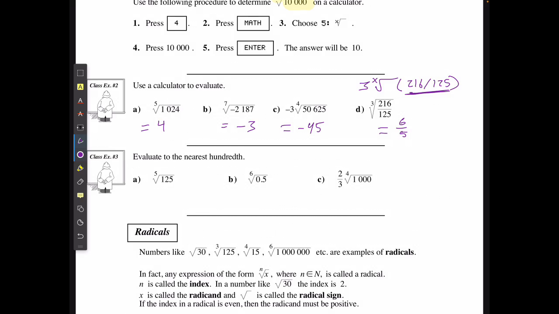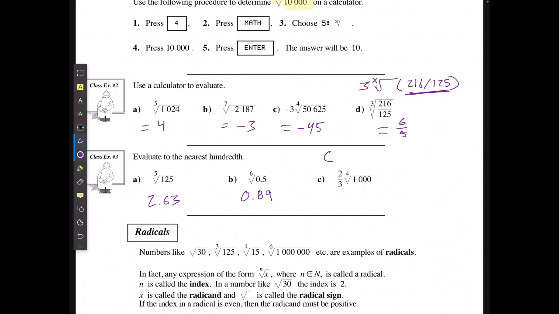If I'm evaluating to the nearest hundredth, I'm doing the same process. I'm just going to round it to 2 decimal places. So the fifth root of 125 is approximately 2.63. The sixth root of 0.5 is approximately 0.89. And for the last one, be careful how you do it.